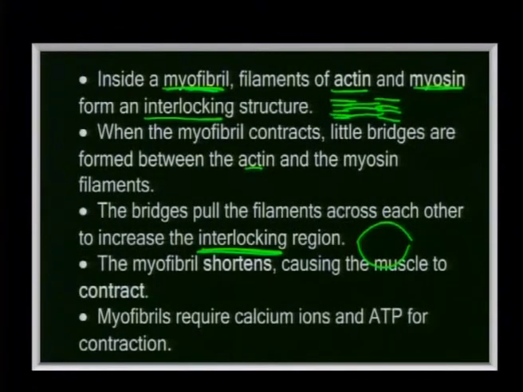Now remember, myofibrils, your muscle fibers, are going to need calcium ions, and they need ATP, energy. ATP is always energy. It needs the ATP and the energy to contract.